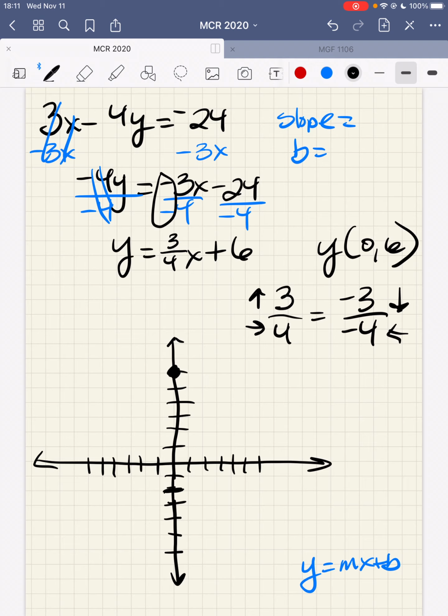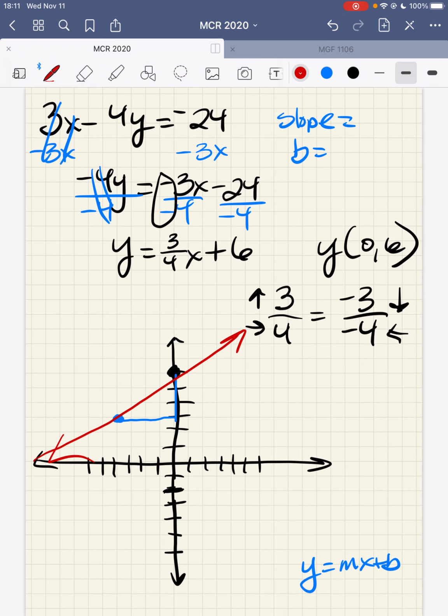From my point, I'm going to go down 3, and I'm going to go to the left 4. And that will be where my other point is. I should be able to just connect those and get a nice straight line.